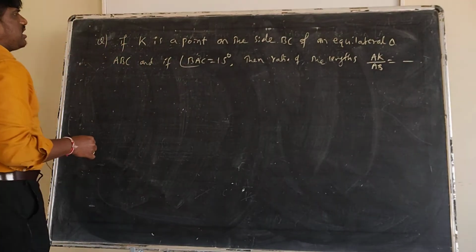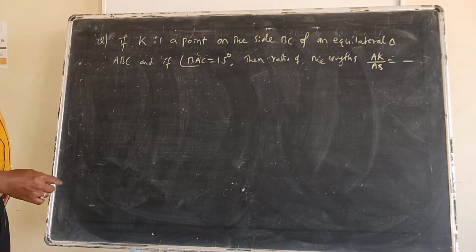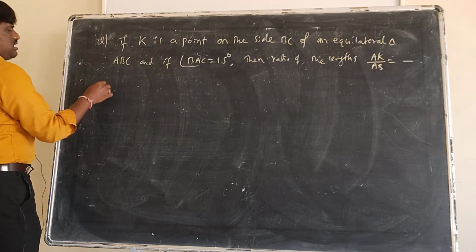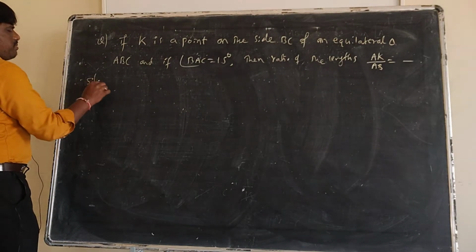See here, what is given? K is any point on the side BC of equilateral triangle ABC. So look here, I'll explain first.